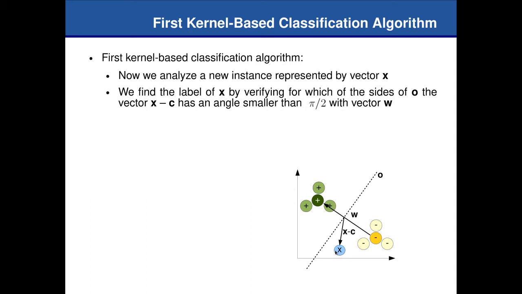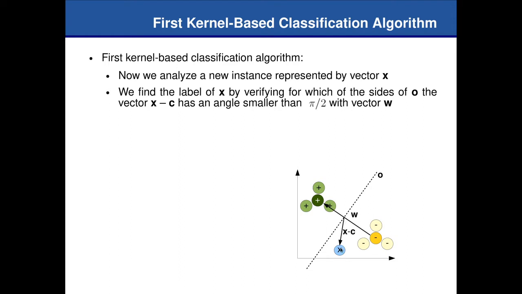How can I classify this position vector as either negative or positive? I can just subtract it from my central point, or central position vector c, that starts here and goes up to here. If I subtract it from c, as c is in here and x is like this, x minus c is going to be this vector, as you might notice.